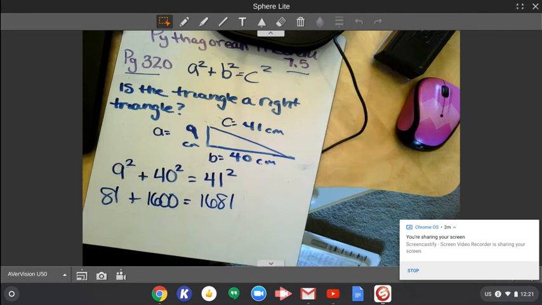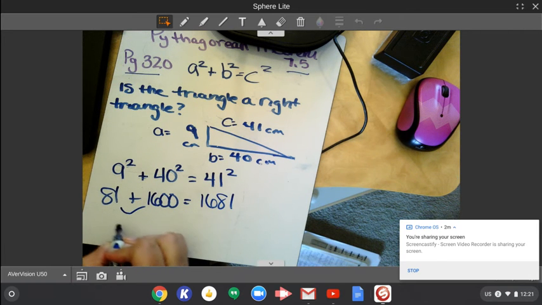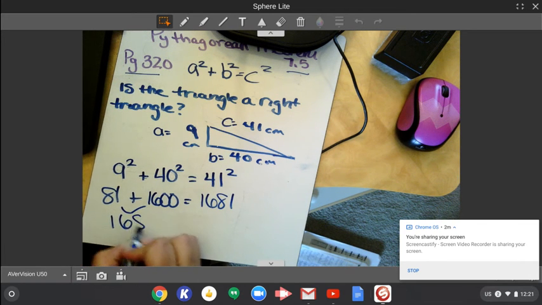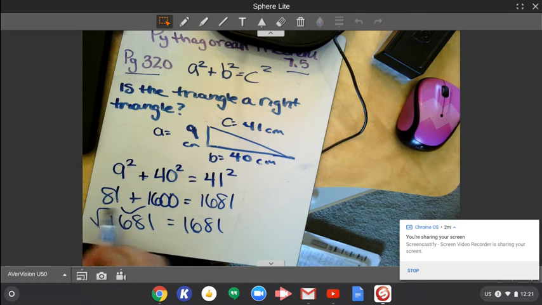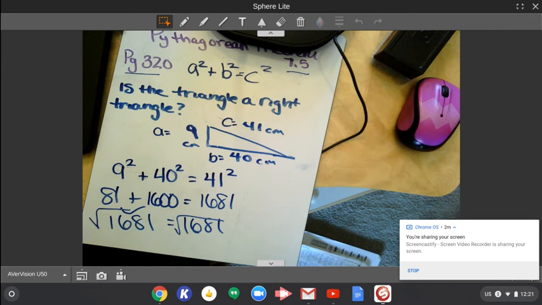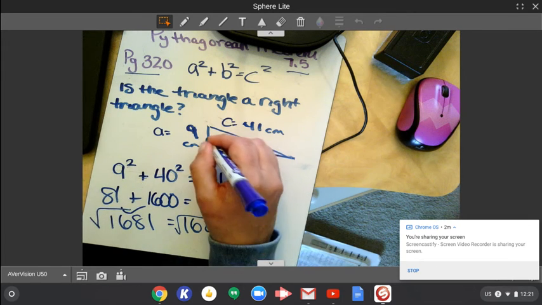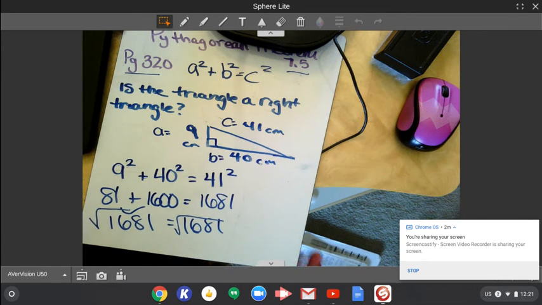Now, let's see. I'm going to combine here. There we go. So as you can see, they are exactly the same. If you wanted to take the square root, you could, but you know they're going to equal the same thing. You're done. Pretty easy. This is a right triangle, so I'll put the little box inside and I'll say yes.